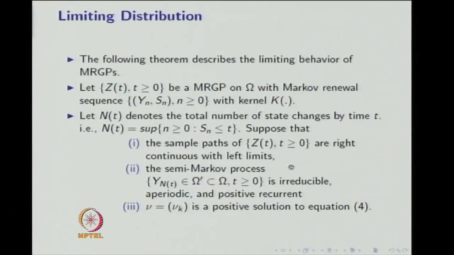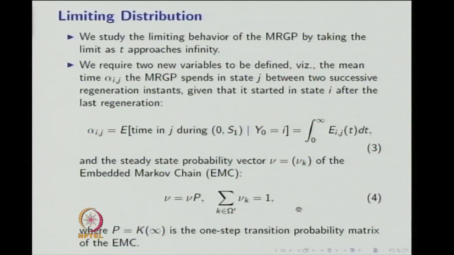Then the sample paths of Z(t) are right continuous with left limits, and Y of N(t) is a semi-Markov process which is irreducible, aperiodic and positive recurrent, and V is a positive solution to equation 4, that is, the summation of V_i is equal to 1 and V is equal to VP.